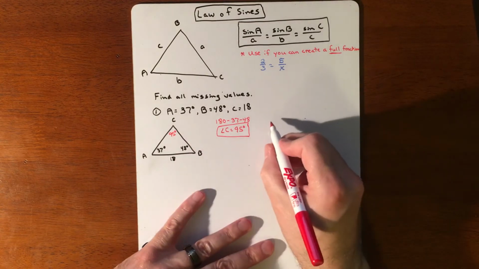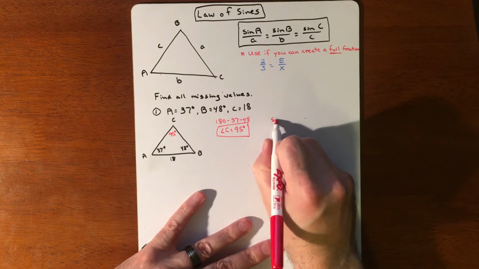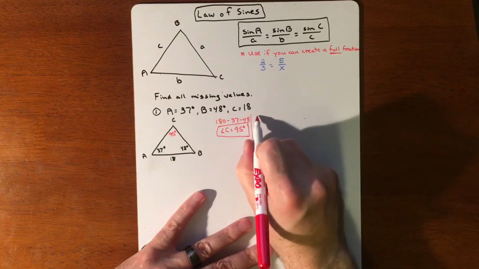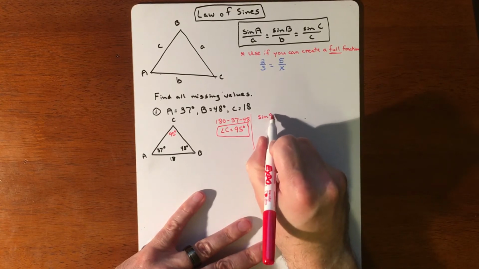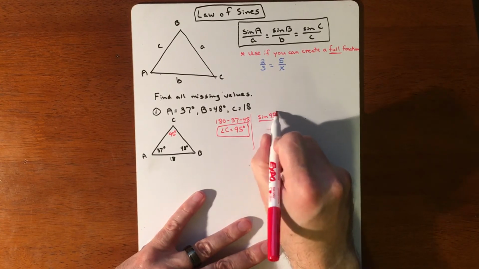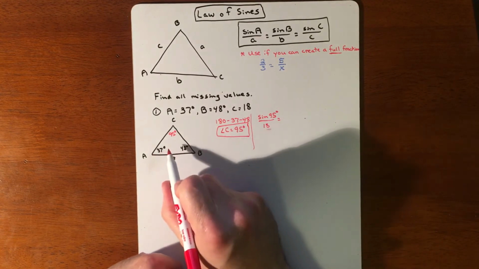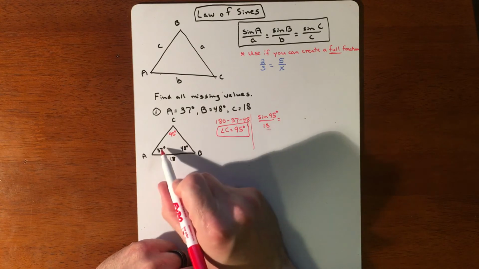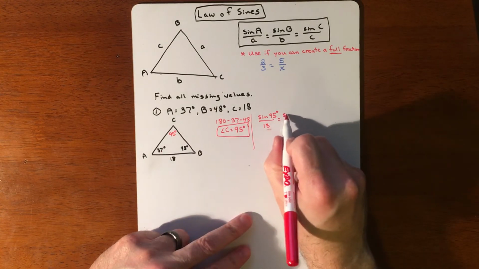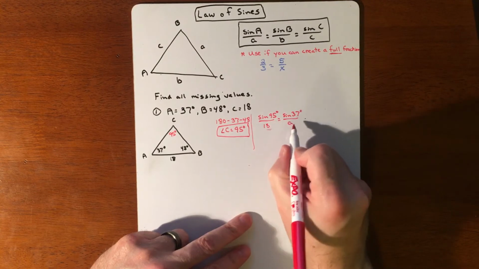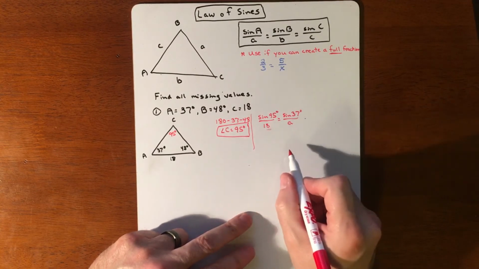That instantly allows me to set up sine of 95 degrees over its side across from each other. And then I just pick a side. It doesn't really matter, so let's say we go with side A. So we know sine of 37 degrees over side A. Then we cross multiply to solve.